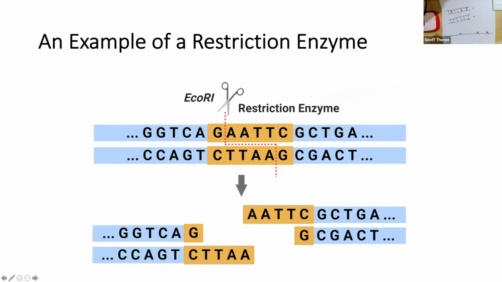That's the sequence it recognizes, but where it cuts is shown by the red line. So it cuts, and we're left with what's often referred to as sticky ends, because we've got a bit of an overhang that could stick on to another bit of single-stranded DNA. We don't need to know this specific detail or how it works. I'm just showing you how it works.